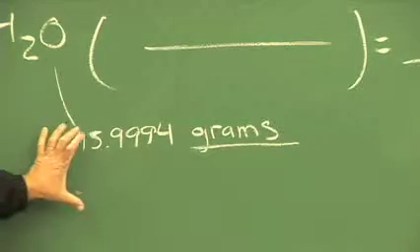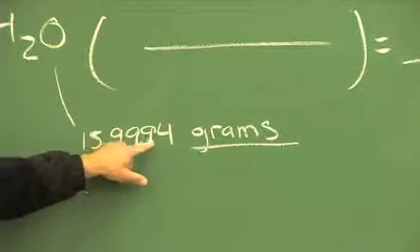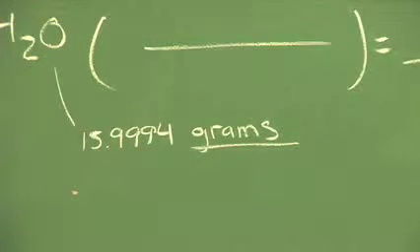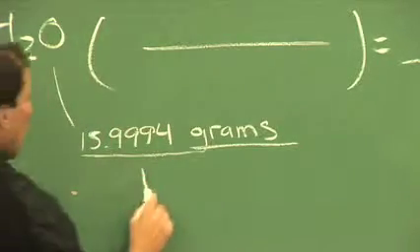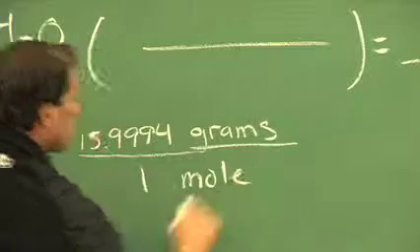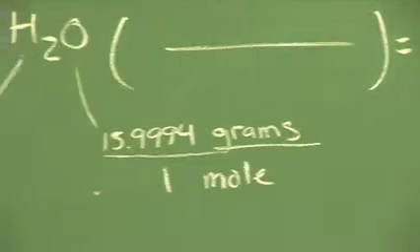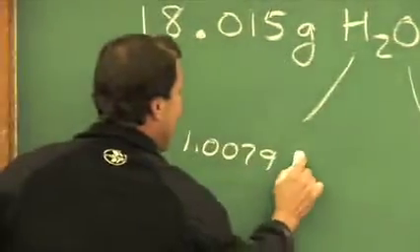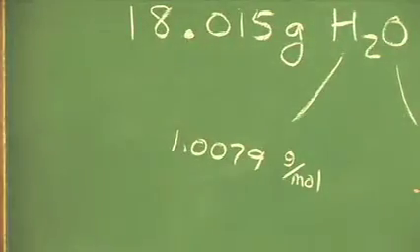I would like to set this up so it looks like a conversion factor. 15.9994 grams, almost 16 grams, over, let me extend that line out, 1 mole. I'll abbreviate the grams over moles in a couple of moments. That's for the oxygen. The hydrogen is 1.0079, and I can use this little compound set of units there and call it grams per mole.